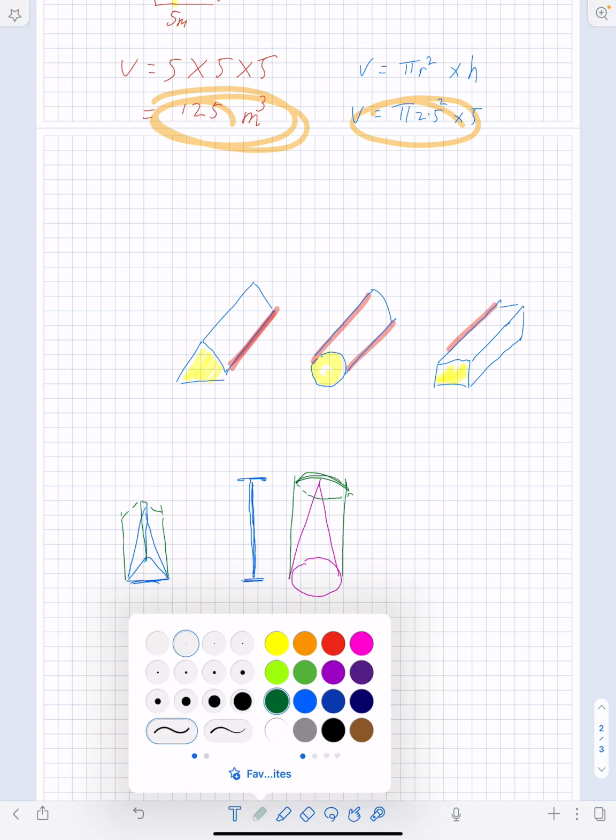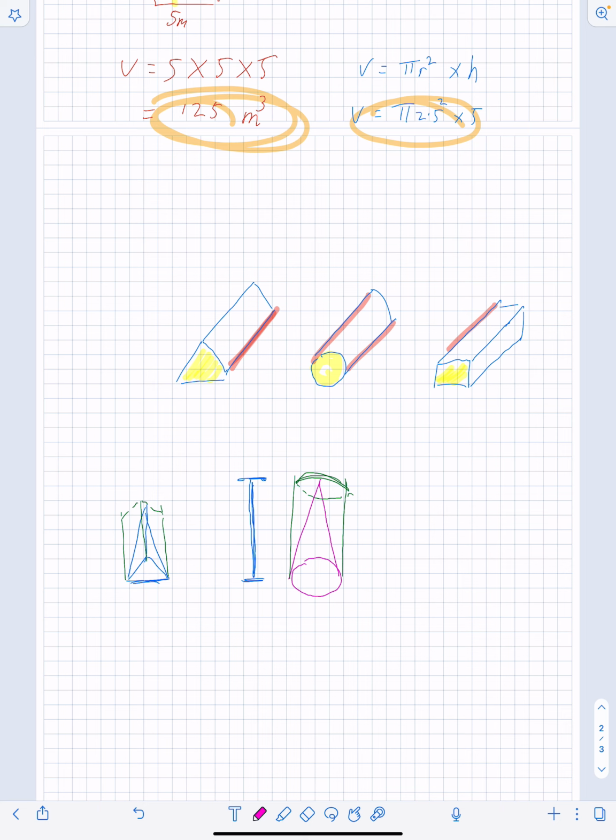Same thing again with a square-based pyramid, I'm drawing one here.